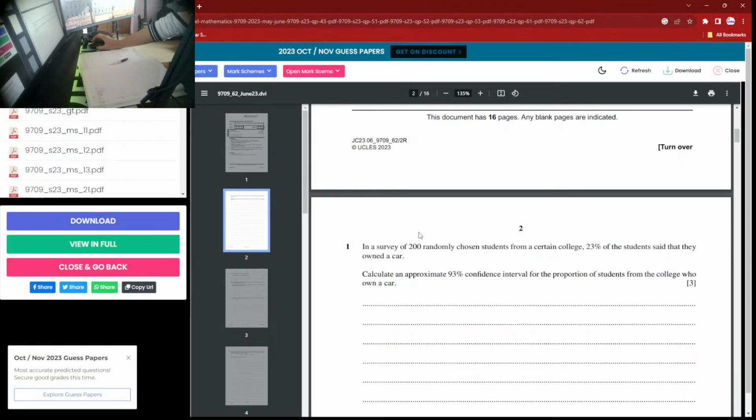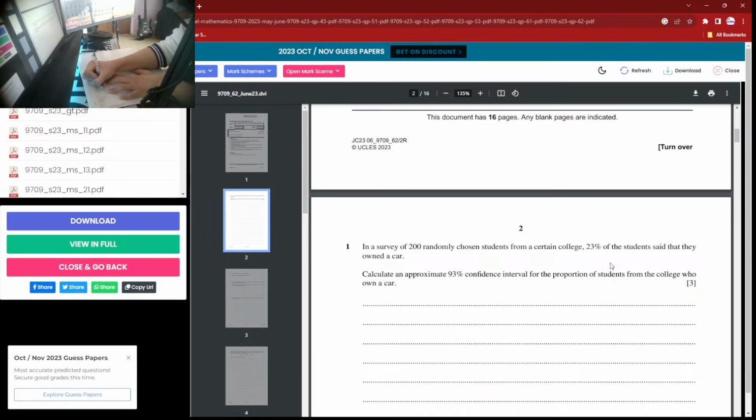Going back to this, in a survey of 200 randomly chosen students from a college, 23% of students said that they owned a car. So we would use p plus or minus z root of pq over n.